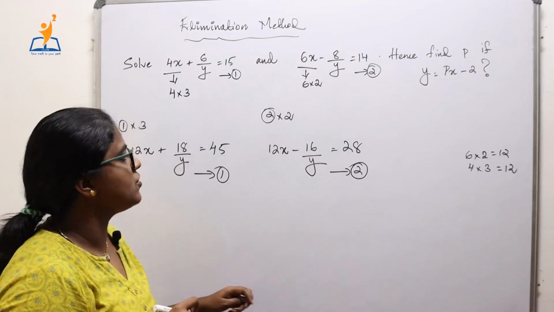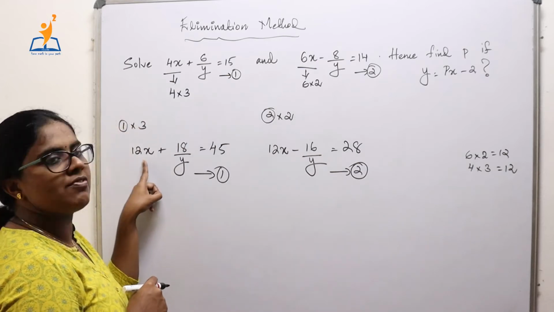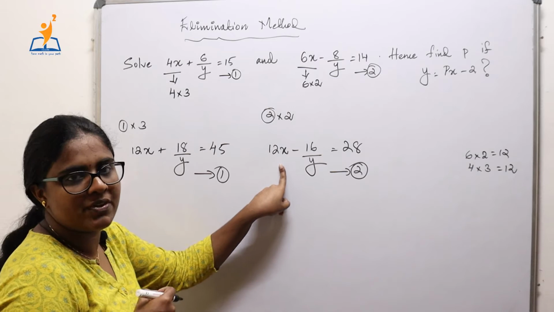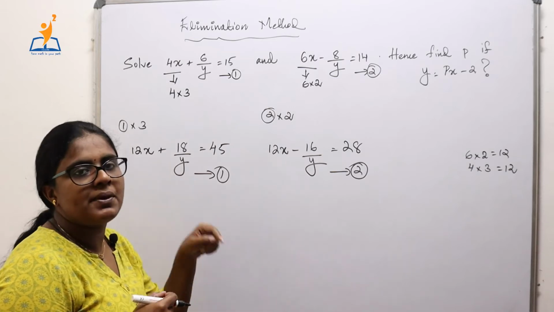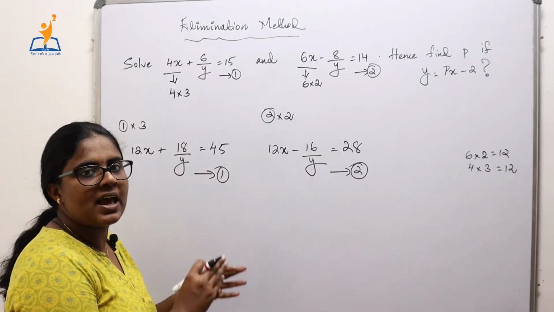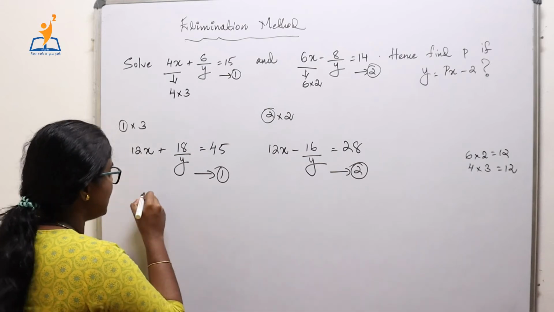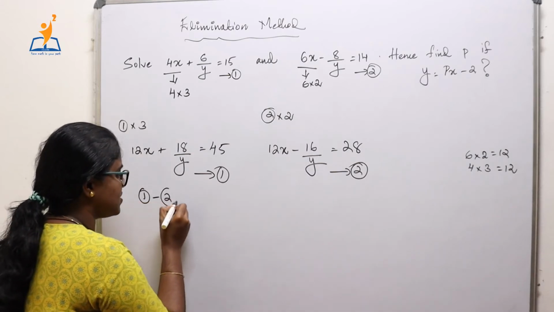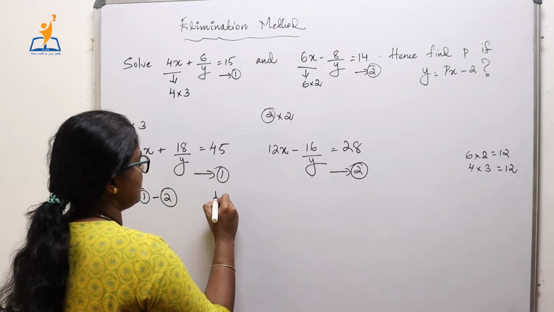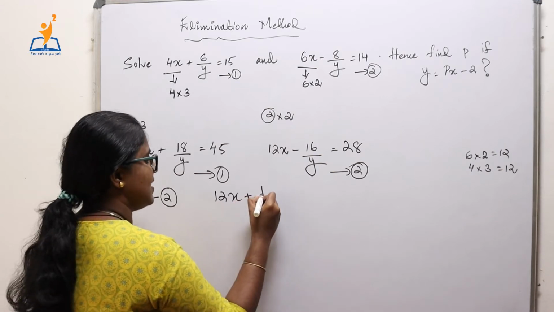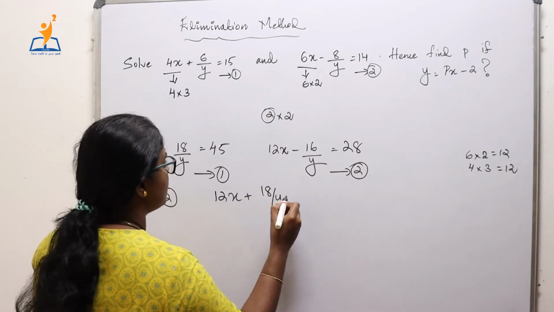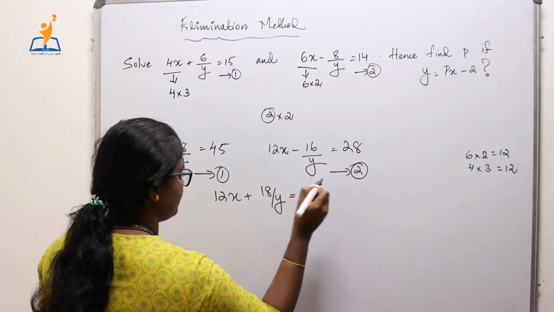Now here the coefficient of x is 12, and here the coefficient of x is 12. So in order to eliminate x, we have to subtract these two equations, that is equation number 1 minus equation number 2. What is equation number 1? 12x plus 18y equals 45.